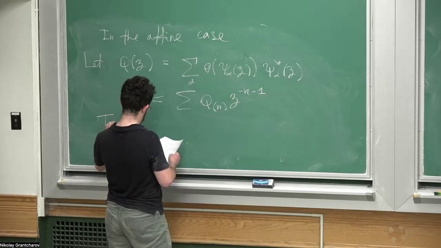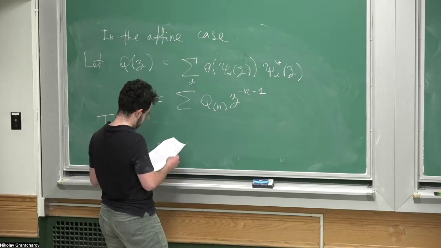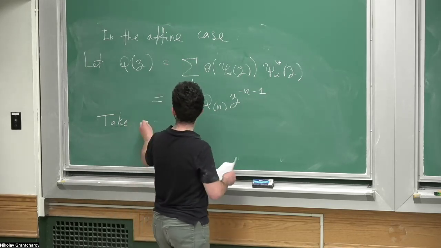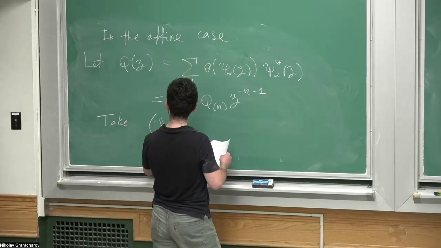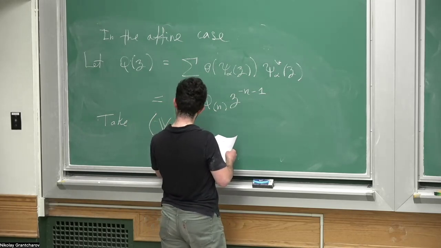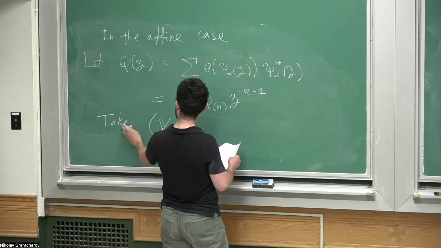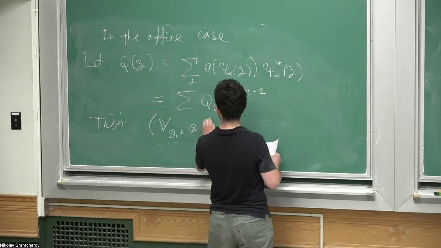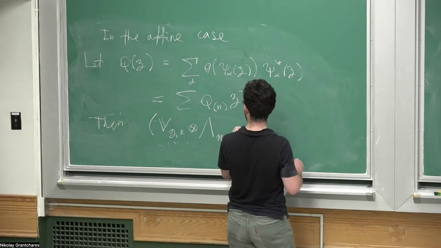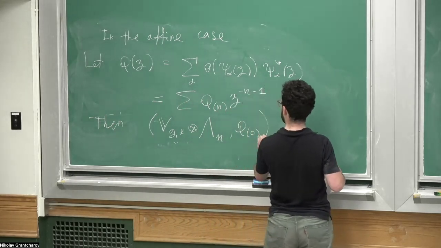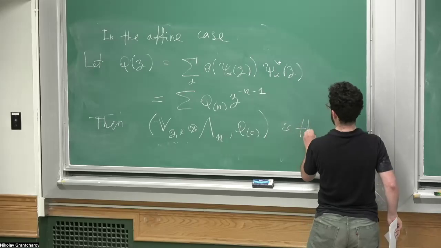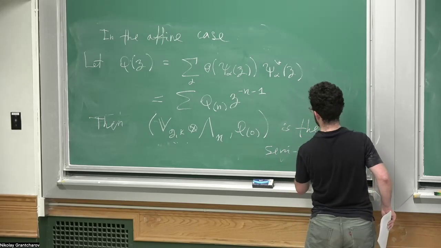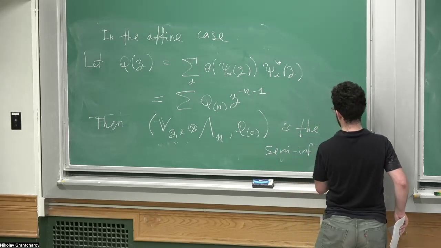Then we take the differential to be Q0. So our complex is going to be, so this double resolution with Q0 is the semi-infinite complex.